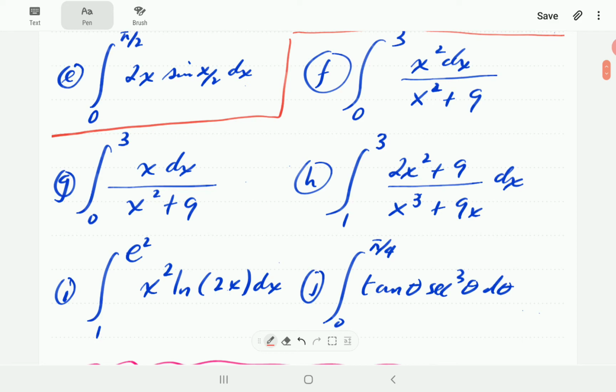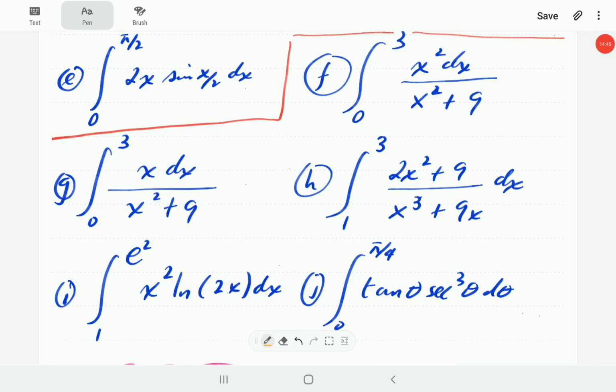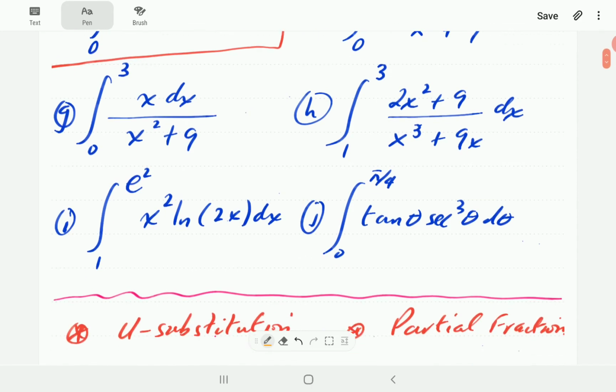So pause the video, work through these, and then compare with our answers. All right, we're now going to scroll down to our answers for the definite integrals F to J.